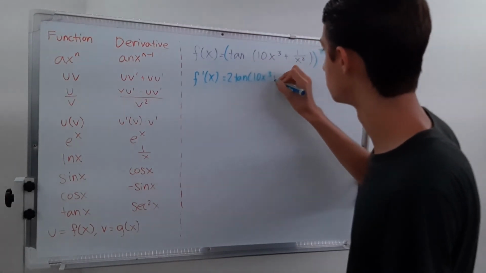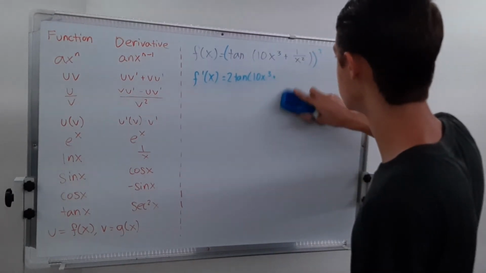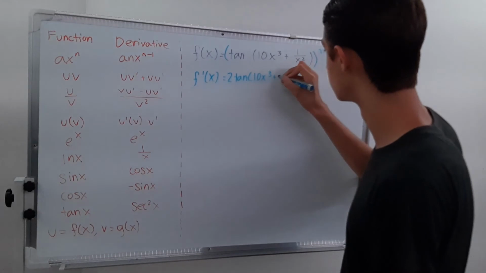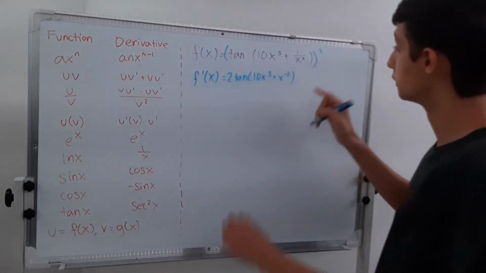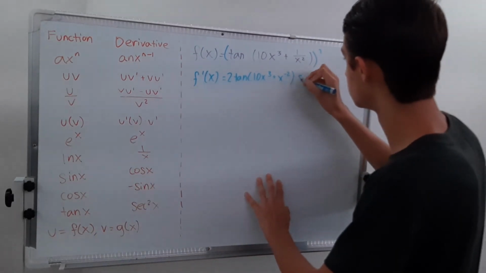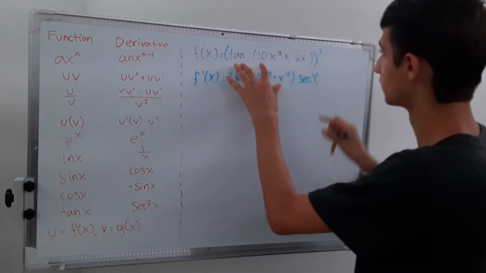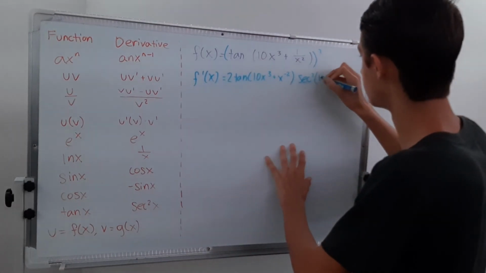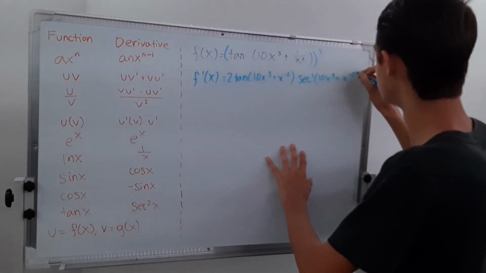of 10x cubed plus 1 over x squared. Let me just write that as x to the negative 2. Okay, times the derivative of the inside, which is secant squared, so times secant squared of this entire function, so it's 10x cubed plus x to the negative 2, okay.